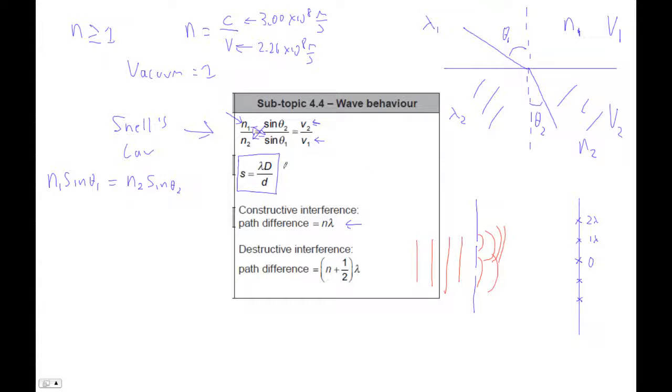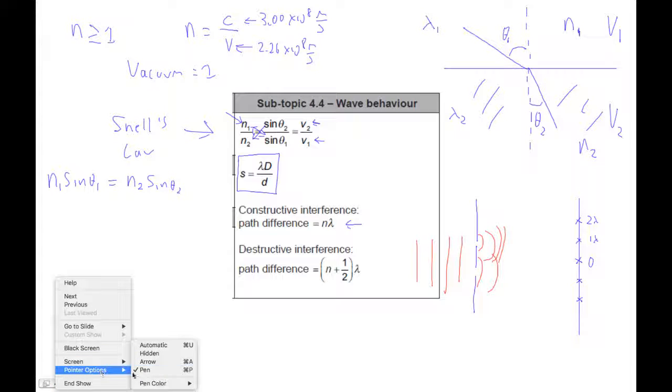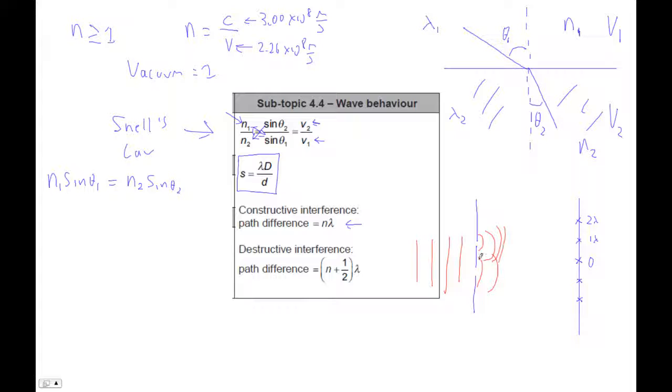And then if we want to use this formula there, D is this distance. So this is D, how far away the screen is. Little d is this distance, how far apart the slits are separated.